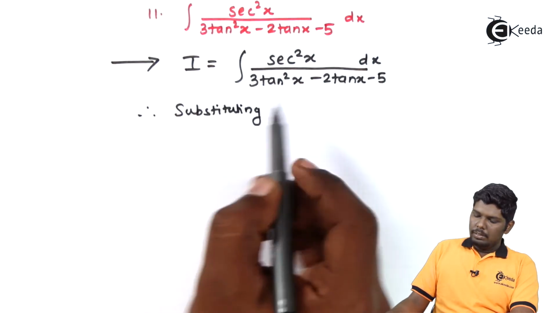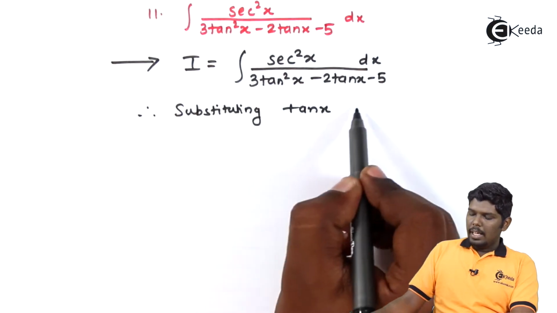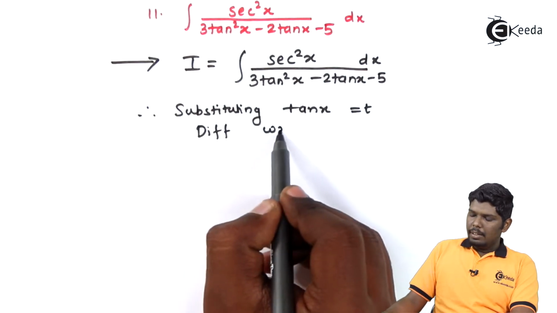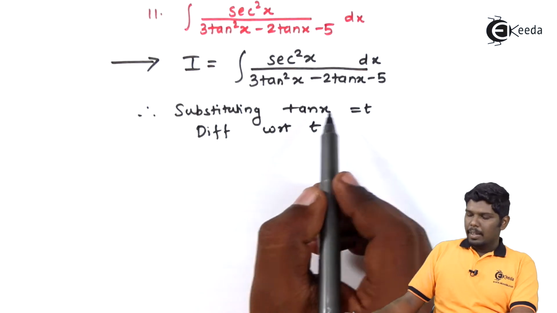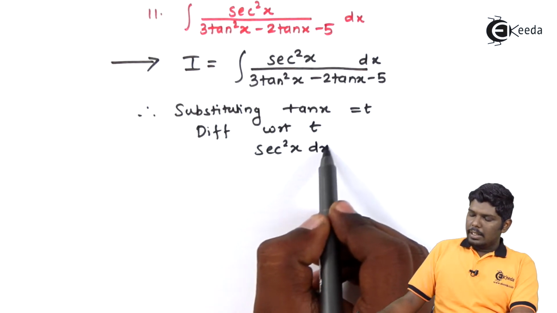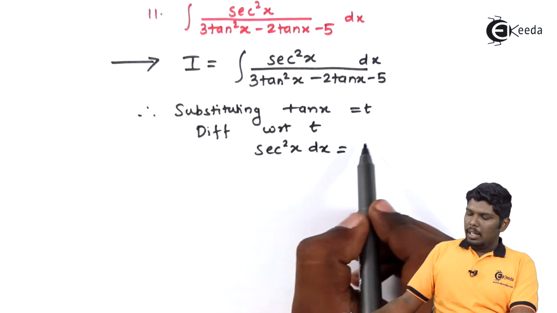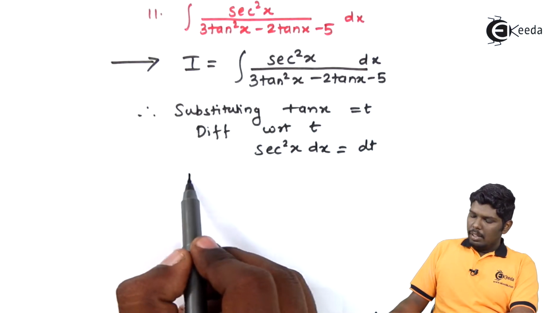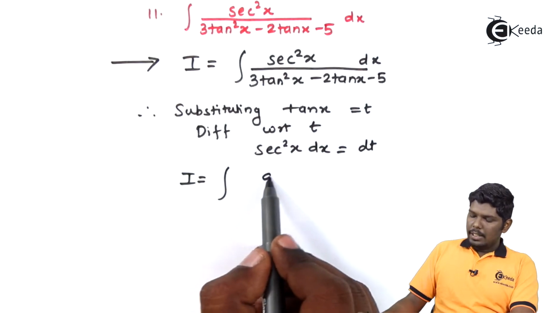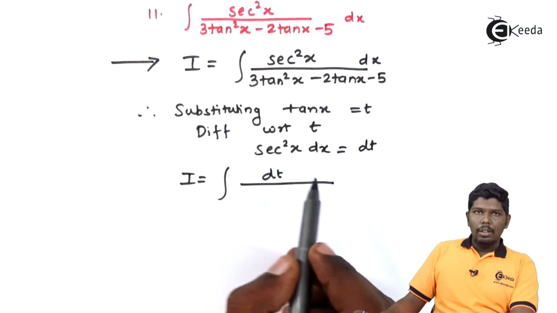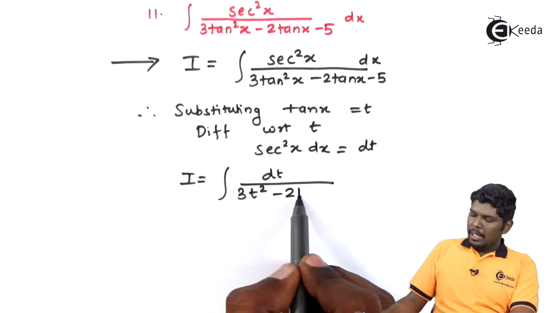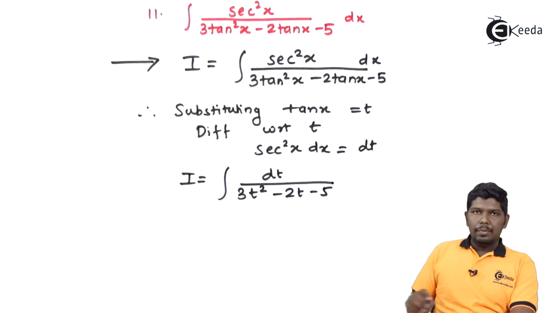Substituting, tan x is equal to t, and differentiating with respect to t. Derivative of tan x will be sec square x dx, and derivative of t will be dt. I will be integral of dt upon 3t square minus 2t minus 5.